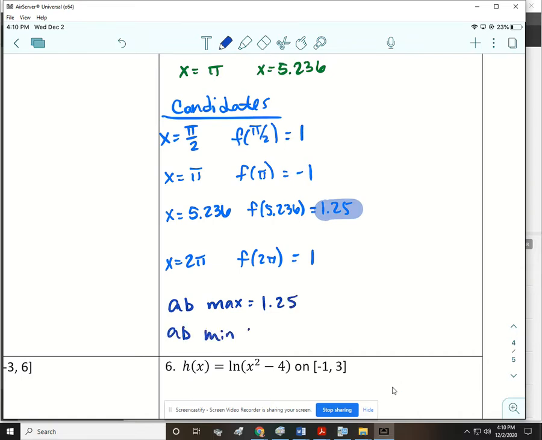And the absolute lowest that this graph gets to is the y value of -1. Okay, so that's the extreme value theorem and using candidates to find the absolute maximum and minimum. Don't forget about those endpoints. So endpoints and critical numbers are going to give you those absolute max and minimum values.